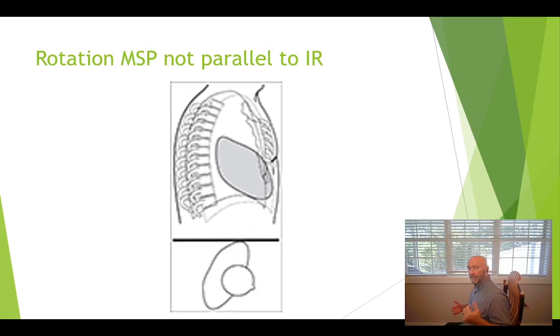If, on the other hand, you have a situation kind of like what you're seeing here, where the shadow of the heart is out past the sternum, then that indicates that the patient is rotated away from the image receptor. And again, this assumes that we're shooting the left lateral. So that's one thing that we can visualize, the shadow of the heart and its relationship to the sternum.